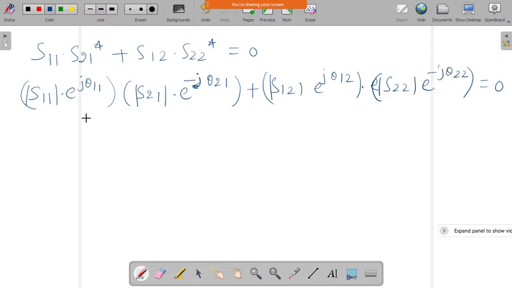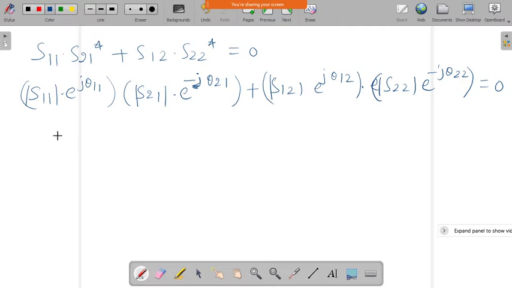Now we can write S11 in terms of S21. Even S12 is equal to S21 because of reciprocity. Since it is a reciprocal network, we can replace S12 or S21 by its corresponding equivalent.